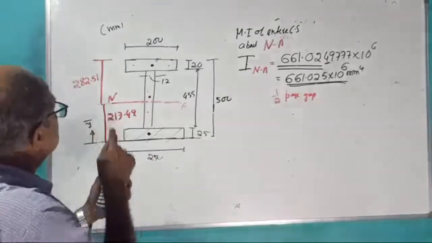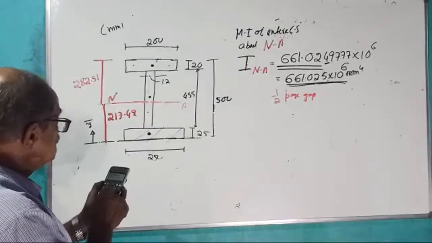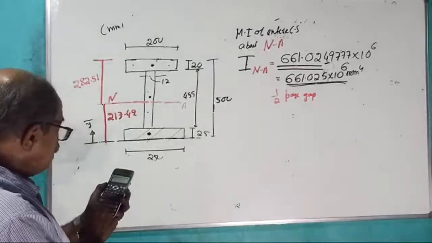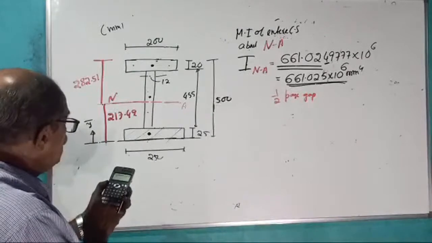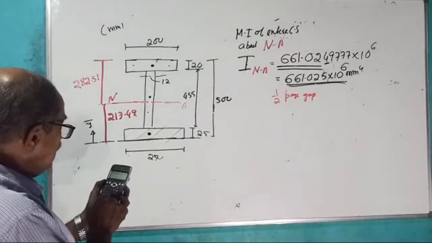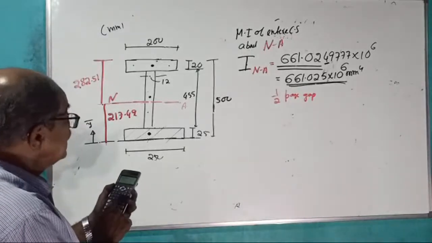Last one: plus 200 into 20 cube divided by 12 plus 200 into 20, the area, into (282.51 minus half of 20, which is 10) that number squared. Divide by 10 to the power 6.